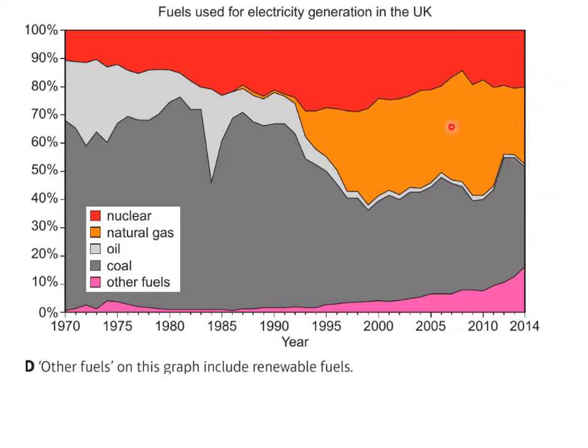So I think we would probably continue to see an increase in the use of nuclear fuel if we were to be able to extend the graph, and also the amount of renewable fuels would continue to increase. We are using more renewable fuels because they are more sustainable, and the other fuels are non-renewable and will eventually run out.